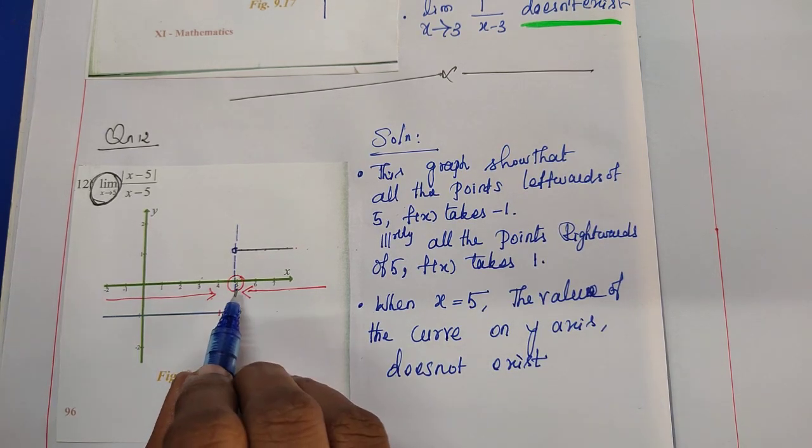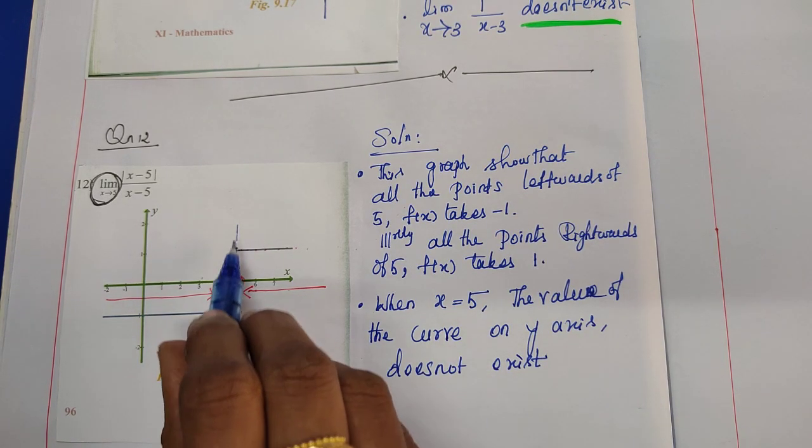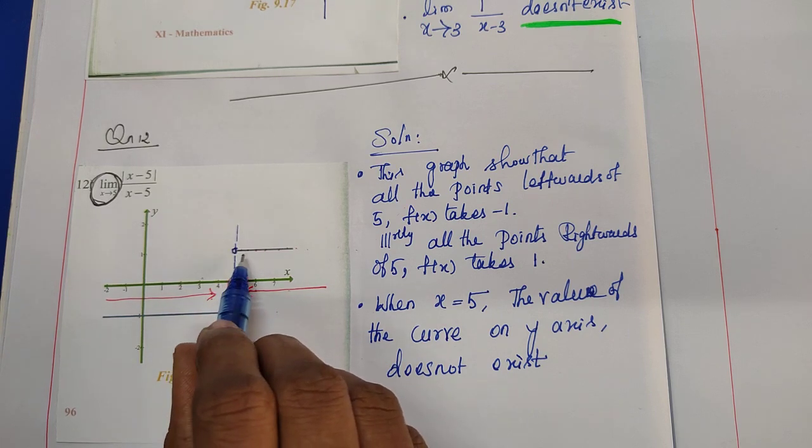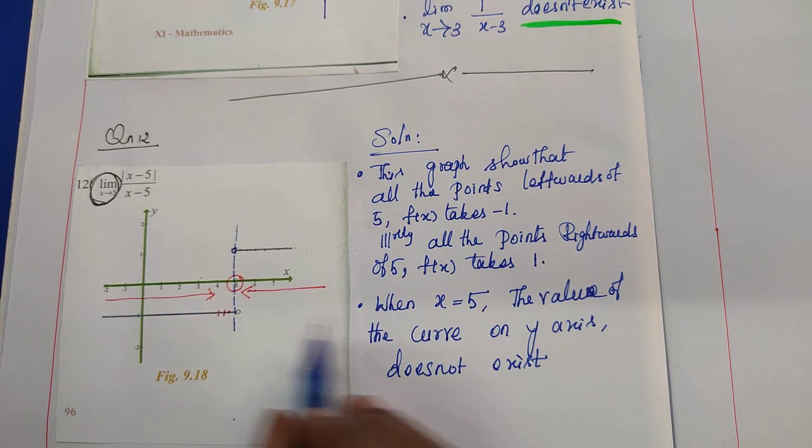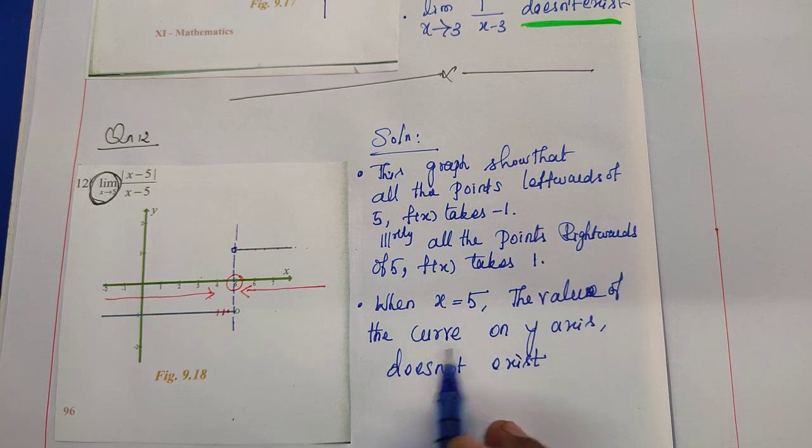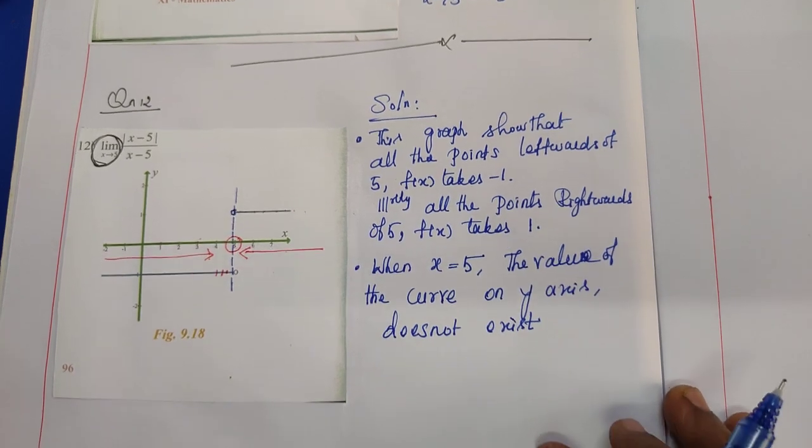That means, through 5 draw a vertical line. The vertical line never meets a curve anywhere. Therefore, the value of the curve on the y-axis doesn't exist.